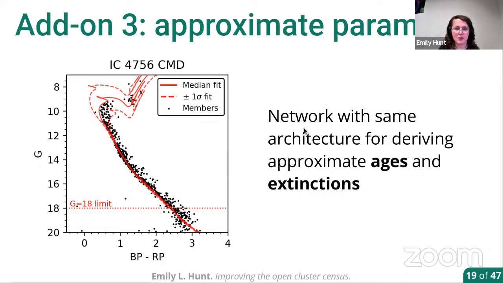This is really nice because we have approximate photometric parameters for all of the clusters in the catalog. They're not super accurate; if you do isochrone fitting and have extra metallicity information, you can probably get better parameters, but at least for the whole catalog, we have these approximate homogeneous parameters for every cluster, which is a really, really nice thing.